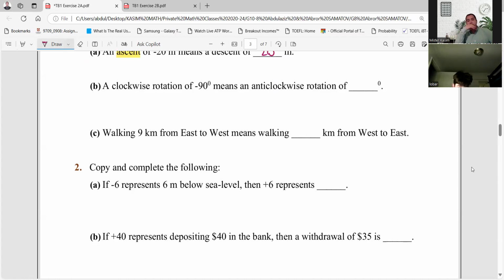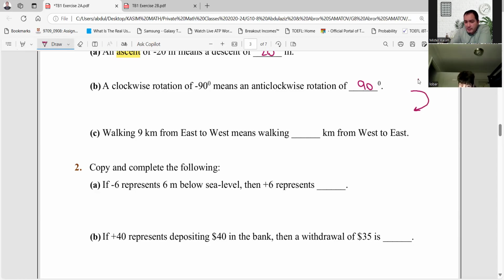A clockwise rotation of negative 90 degrees means an anti-clockwise rotation of 90 degrees. Clockwise direction here we show with a negative number.